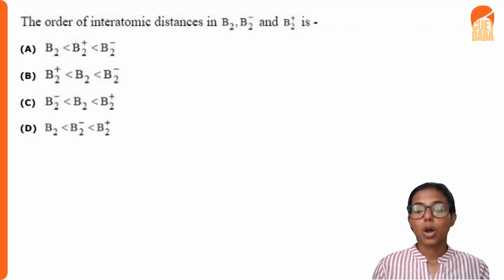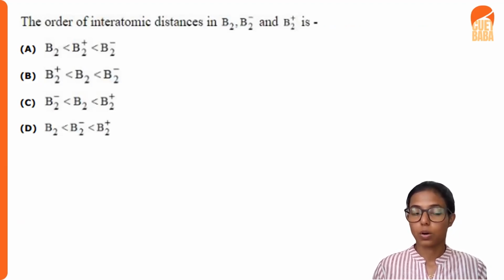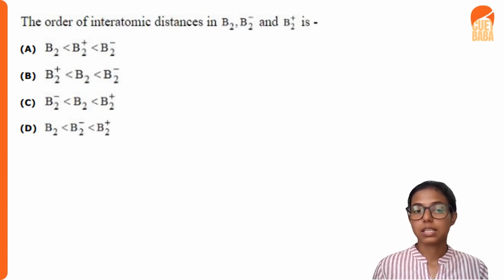Next question, the order of interatomic distances in B2, B2 minus and B2 plus ions. We have to predict what will be the interatomic distances in B2, B2 minus and B2 plus ions.